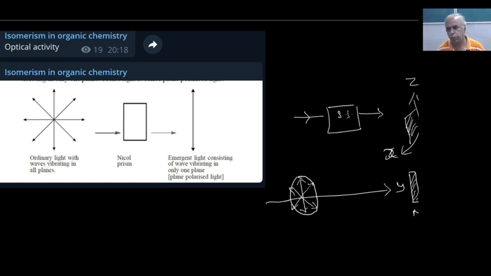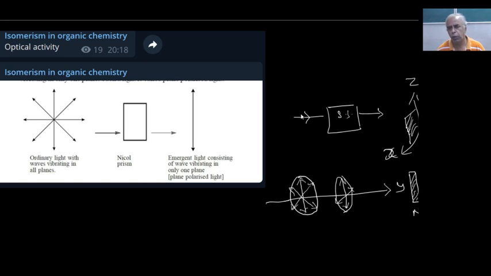So these two components can be called plane polarized light. Okay, now let me consider only two components here. One is vertical like this, another is perpendicular to this, but here it is horizontal. So in this way the vertical and the horizontal vibrations are split, and they are called plane polarized light.